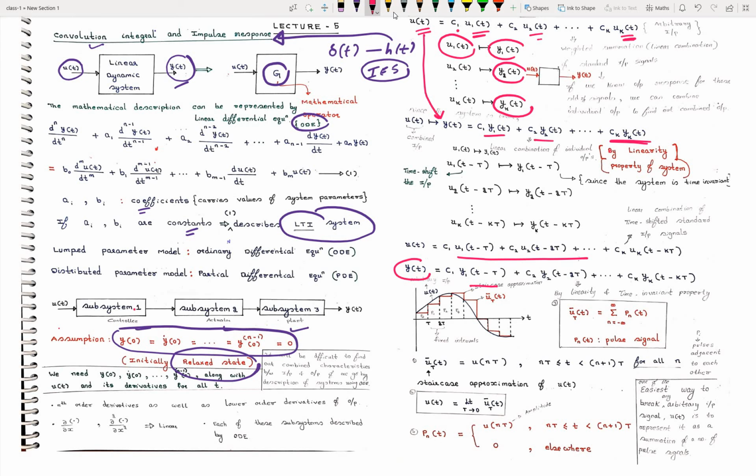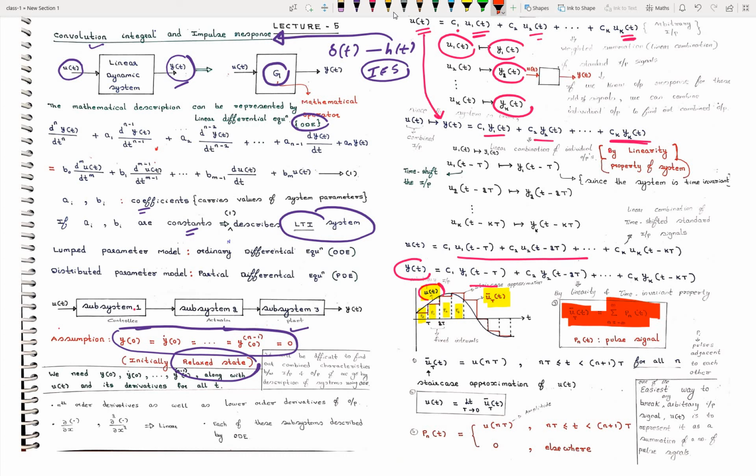Okay, now for deriving this convolution integral, the arbitrary input u(t) I have approximated in terms of a staircase approximation. So this u(t) I represented in terms of the staircase approximation u bar(t). When we represent it as a staircase approximation, we encounter these pulses p0, p1, p2, and so on. Okay, so the arbitrary input u(t) we represent as u bar(t), and that is equal to the summation of a number of pulse signals.